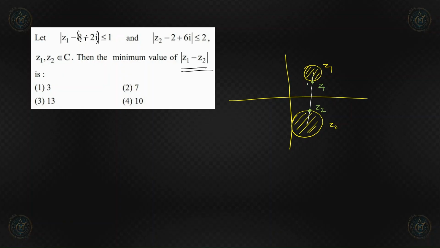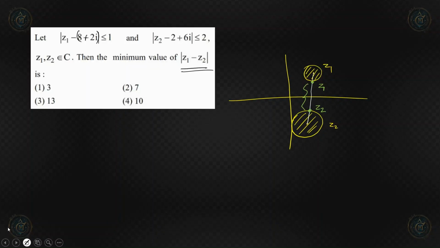Okay, so this minimum distance we have to calculate. Now what will be this distance? So if we calculate from here, this center is 2 comma minus 6, right? And this center is 8 comma 2, right? So this distance, let's call this d.